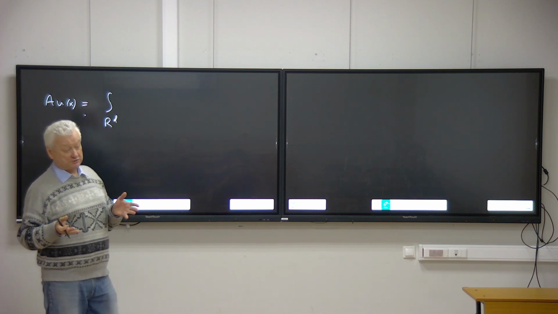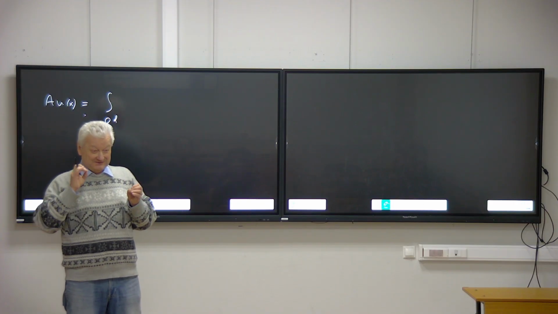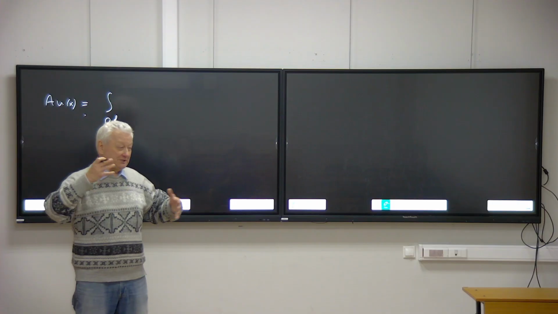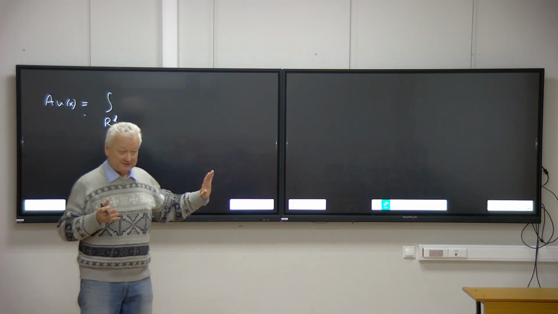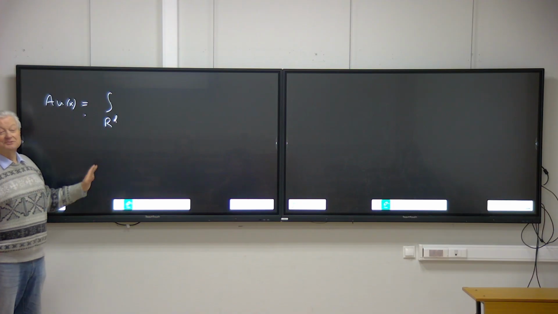Bounded domains are also possible, but for non-local operators, boundary conditions are a tricky issue, so I prefer not to discuss too many topics simultaneously. So let us at least start with the case of the whole space.